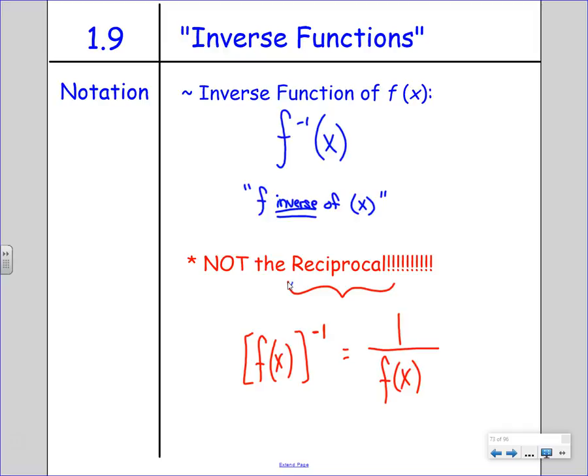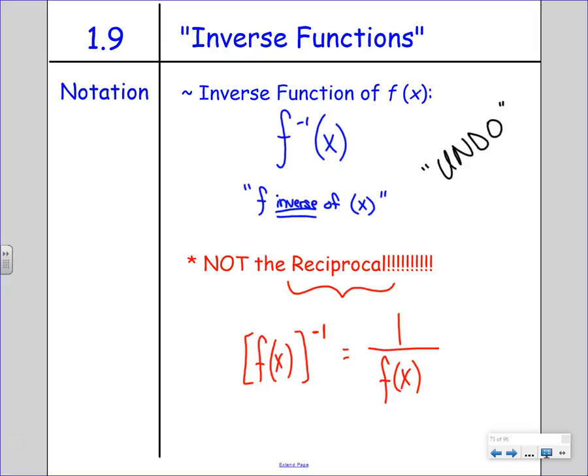This section, no different. If you know the negative 1, that's a good job. An Algebra 2 teacher taught you well. If you know this negative 1 usually means reciprocal, but is that what this means? And the answer is no. I need you to attach to the idea of inverse the word undo.